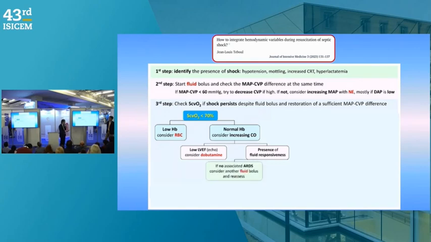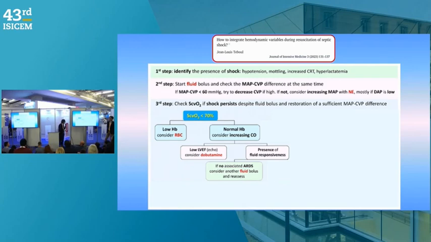And if the patient is preload responsive, and if there is no severe ARDS, so we are in the situation where the patient is still in shock, low SCVO2, fluid responsive, no ARDS, it is logical to try to give another fluid bolus.